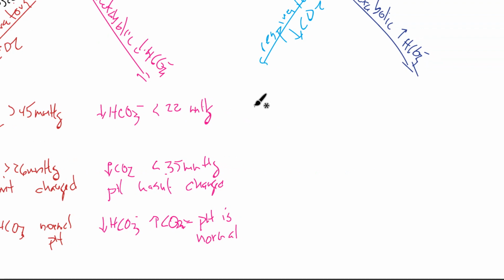Over here, you're going to have low CO2. So low CO2 is going to be lower than 35 millimeters of mercury. What the body's going to try and do is get rid of bicarb. So it's going to lower bicarb. If you've got less acid, you can get more balanced by getting rid of base. And so bicarb will go to less than 22.